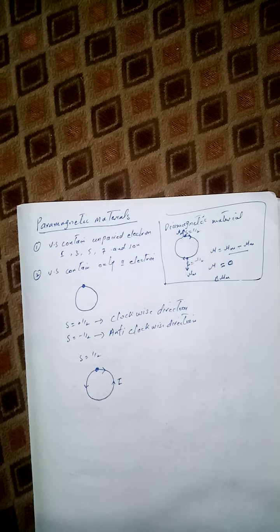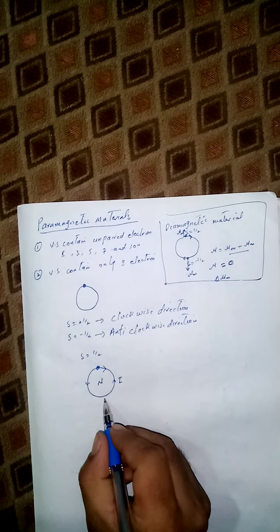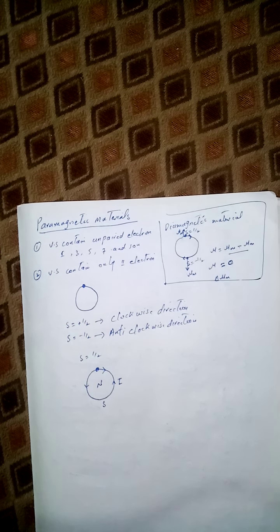Now due to this current there is a magnetic field, and we can calculate the direction of the magnetic field by the right hand rule. We already discussed this rule in the classroom. In this case the magnetic field originates from the top surface, so the top surface will be the north pole and the bottom surface will be the south pole.